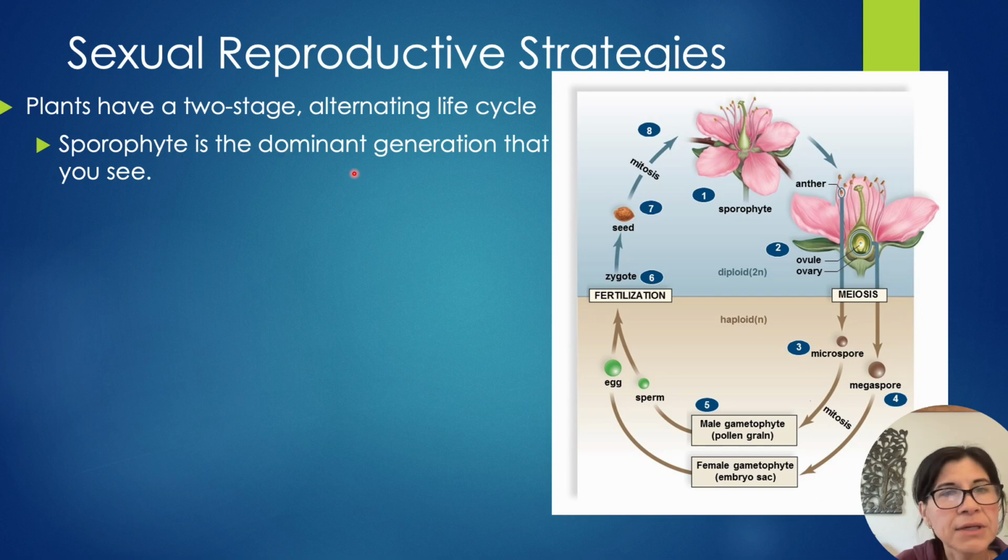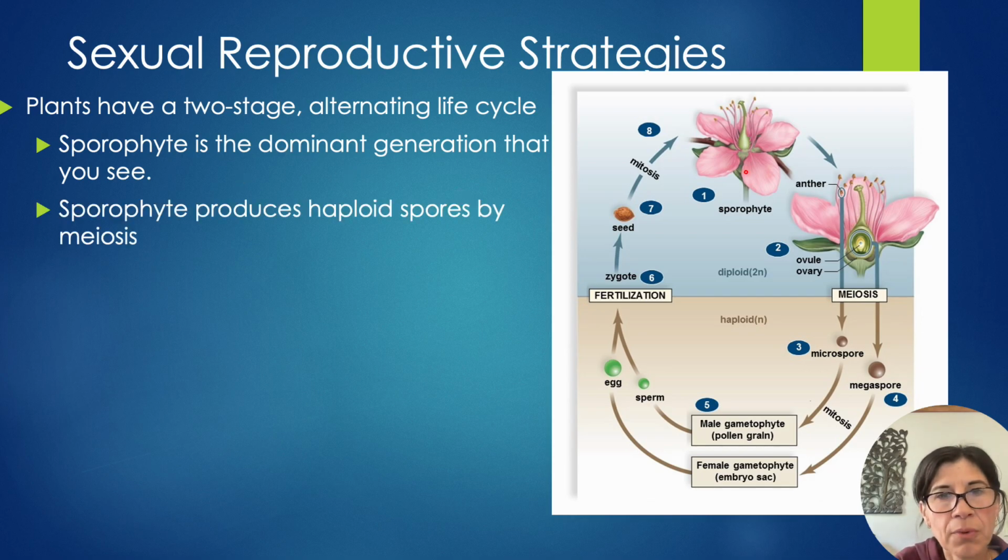Sporophyte is the dominant generation that you see. So the sporophyte produces the haploid spores via meiosis, right, to get from diploid to haploid. Remember, meiosis reduces the chromosome numbers. Haploid cells have only one of each pair of chromosomes.